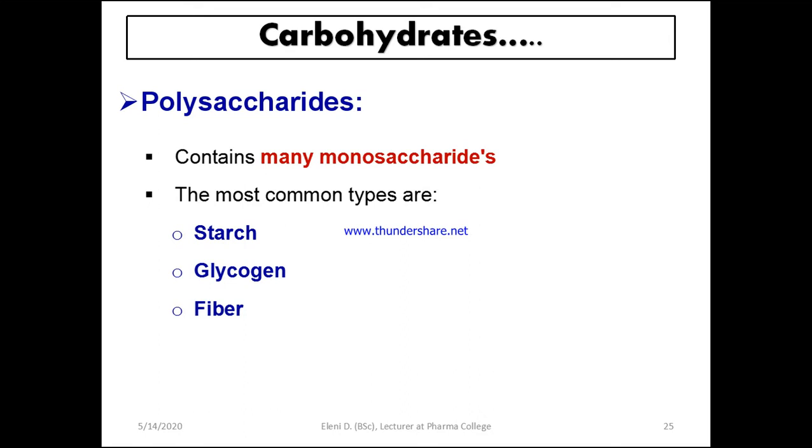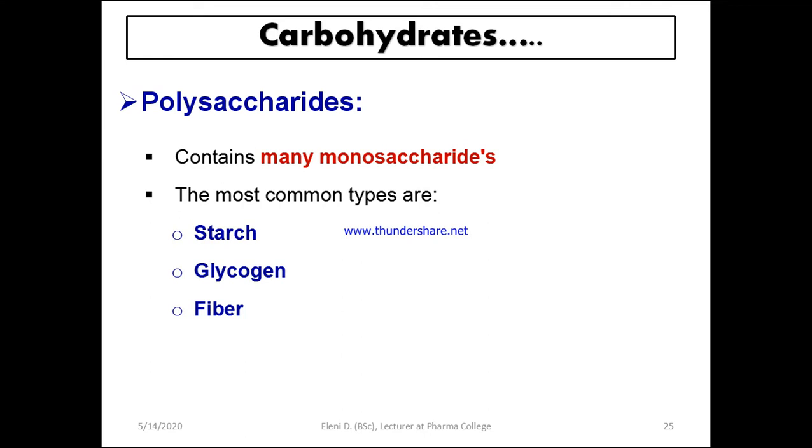Starch contains only glucose molecules and is stored in plant cells. It is the most abundant form of carbohydrate because it is the main end product of photosynthesis. Glycogen also contains only glucose, and it is found in the meat of animals.